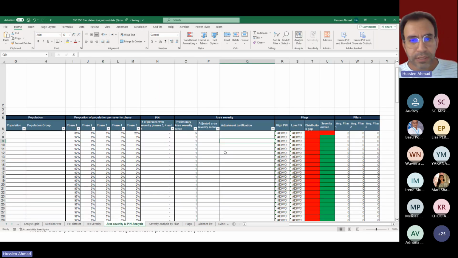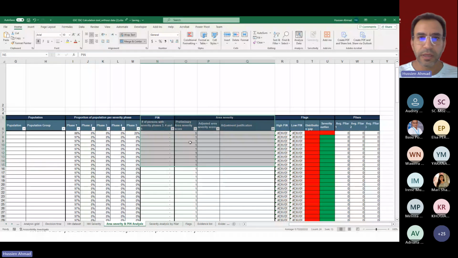So once you get these numbers here, PIN and preliminary severity, it's not the end. Actually, it is the start of your analysis, because everything that happened before is more or less planned, more or less automated. But now we need to understand these figures.